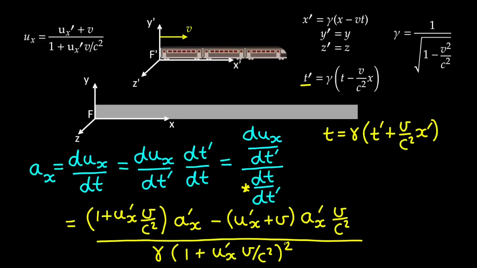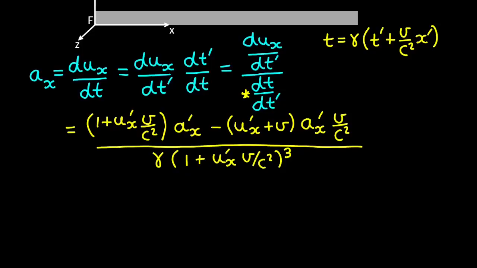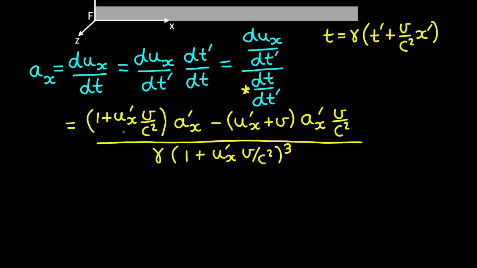So this expression is (1 plus ux' v on c squared) cubed. As we can see, this expression cancels with this one, and what we're left with is ax' by 1 minus v squared on c squared.